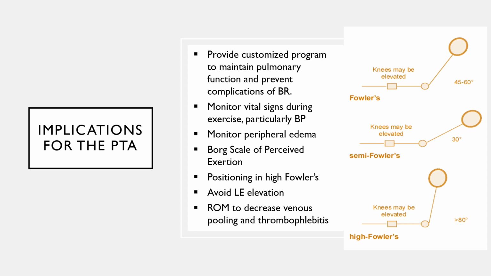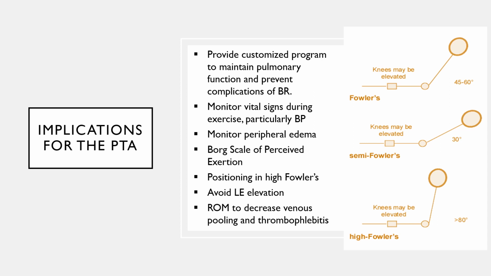Range of motion exercises. Encouraging the patient to perform range of motion exercises helps decrease venous pooling in the extremities and promote circulation. These exercises can prevent venous stasis and reduce the risk of thrombophlebitis. Monitoring for complications. It is essential to monitor patients for signs of complications such as thrombophlebitis, indicated by unilateral swelling, calf pain, and pallor.